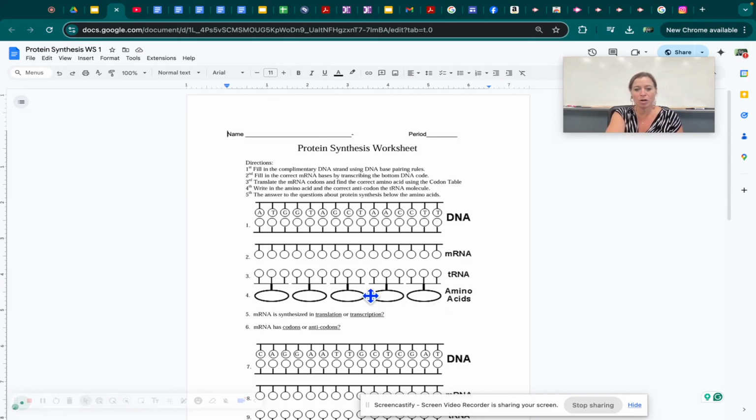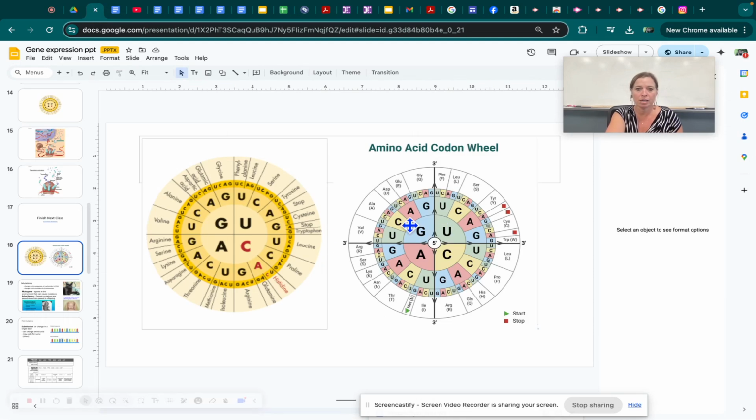Then you are going to do the next three. The next three here would be GCT, not T, U, GCU, because we're in mRNA. So then we go to our chart. GCU is alanine, ALA. GCU is alanine.